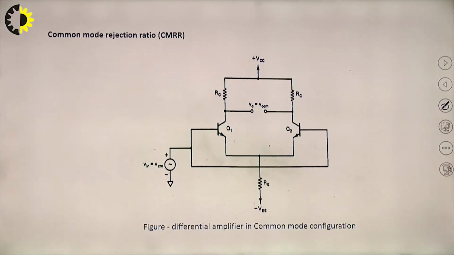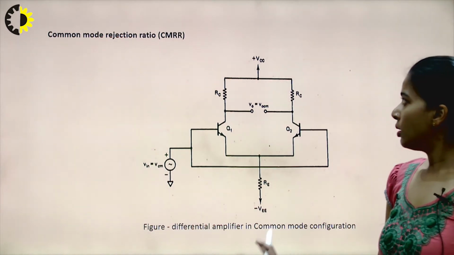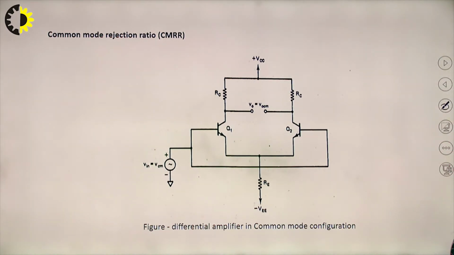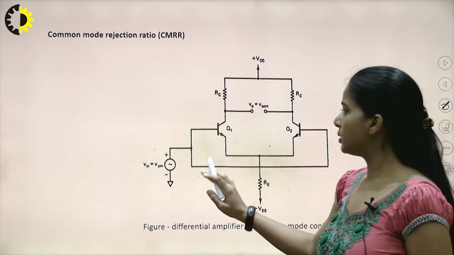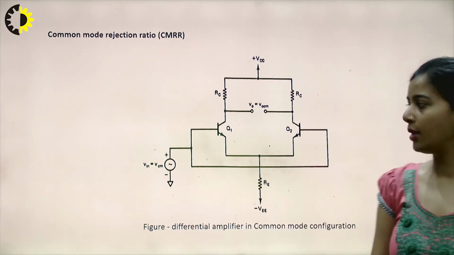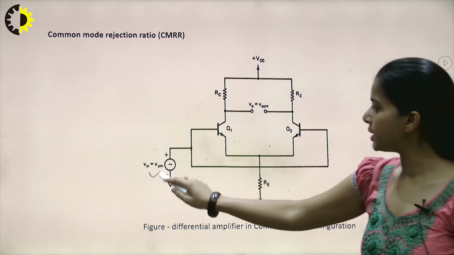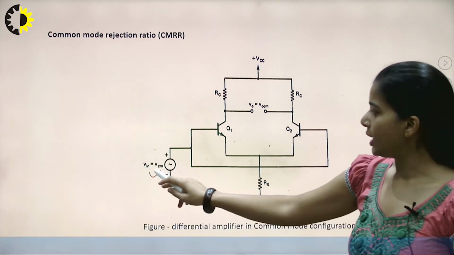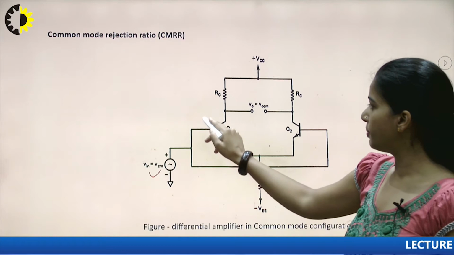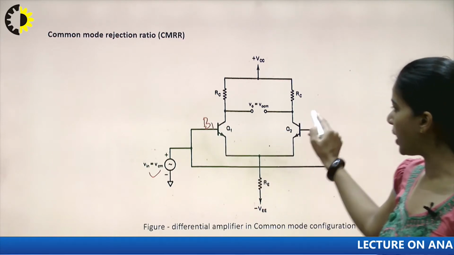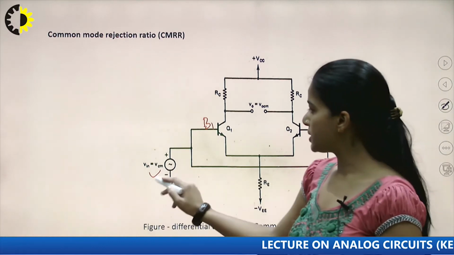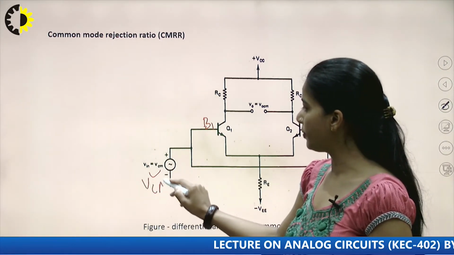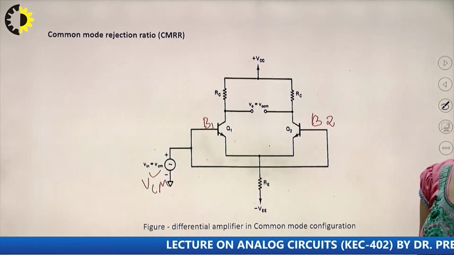Next is your common mode rejection ratio. Common mode rejection ratio is when we connect the two inputs of this differential amplifier with the common signal. Here we can see the same V is connected to the base of transistor 1 and base of transistor 2. That signal here is named as VCM, that is common mode signal.